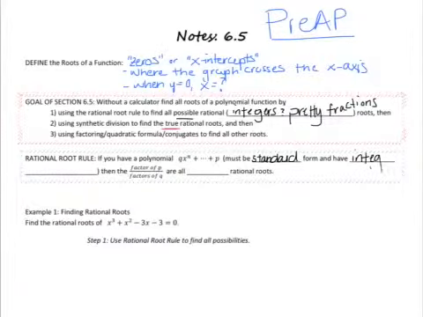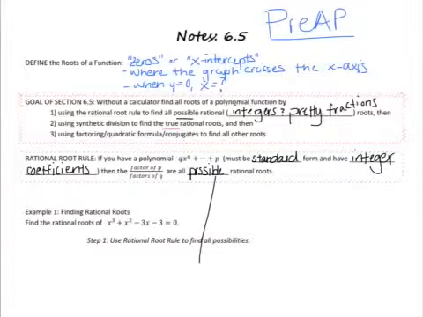We don't want to do this with any fractions or decimals. So from that, we're going to take the factors of p and put them on top of the factors of q, and all of those are the possible rational roots. Okay, it doesn't mean they're for sure, they just have a greater chance than all the other numbers.